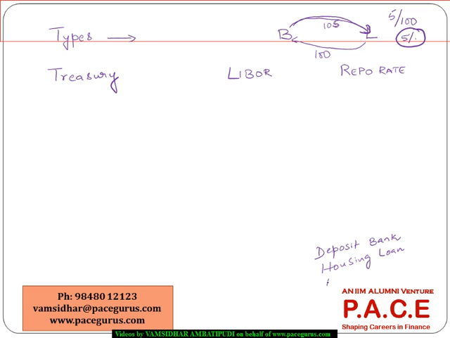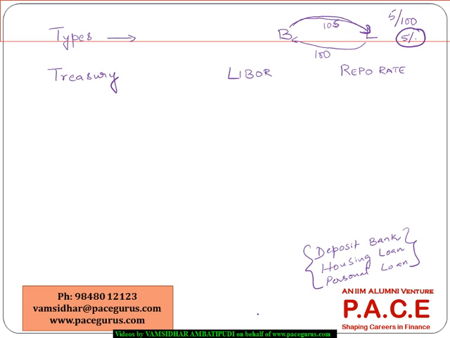If I am taking a personal loan, the interest rate could be different. The definition is still the same. There is a borrowing and a lending in the process, and that additional amount which the borrower is agreeing to pay to the lender for taking the capital, for taking the loan from the lender.